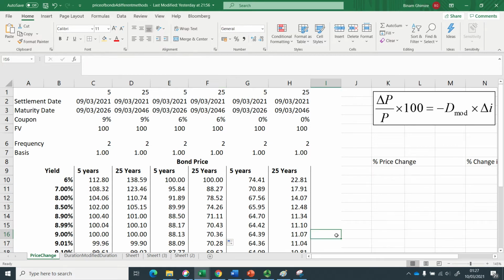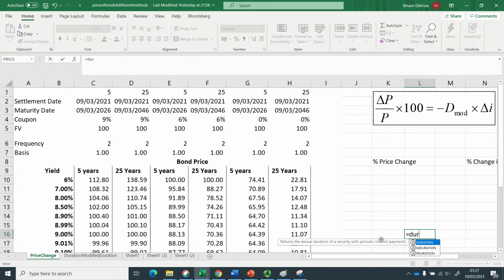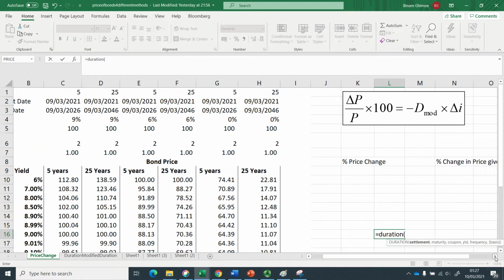If you need to do that, you simply type in equals DURATION, open bracket. Remember, you need settlement, maturity, coupon, yield. This particular bond settles on this date, which in fact is now, and the maturity is after 25 years.